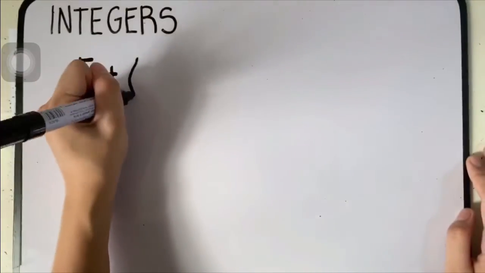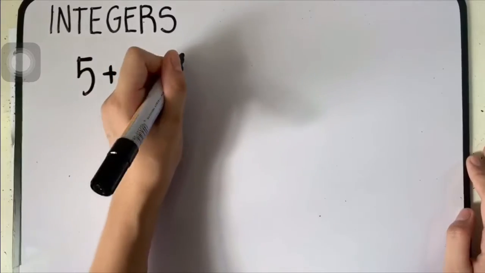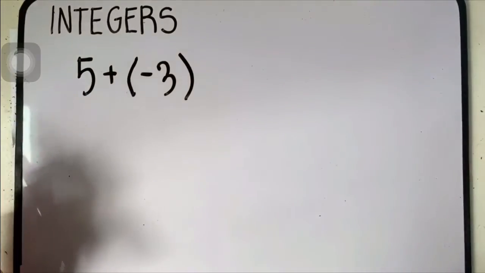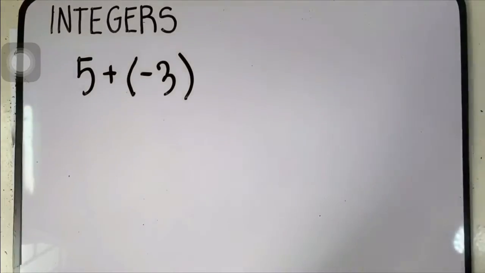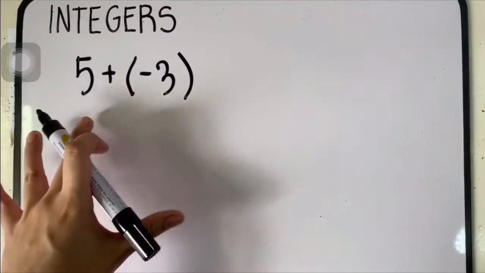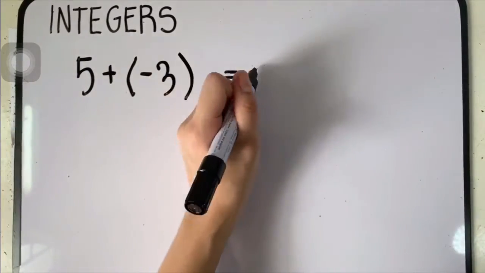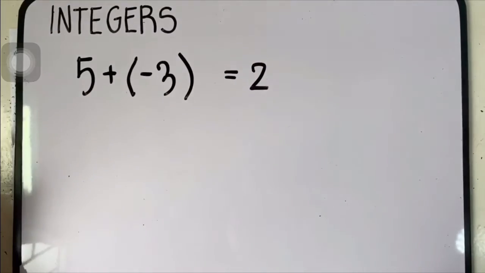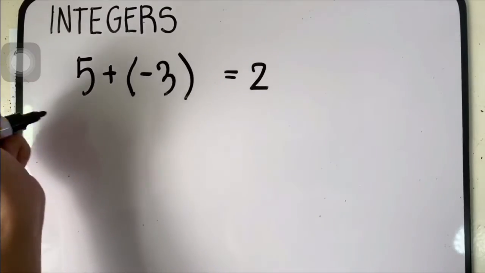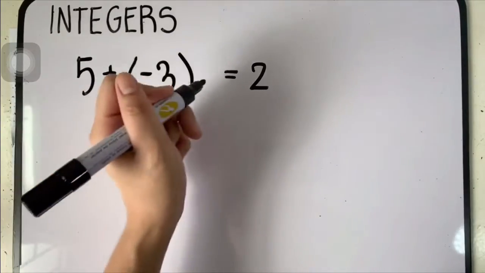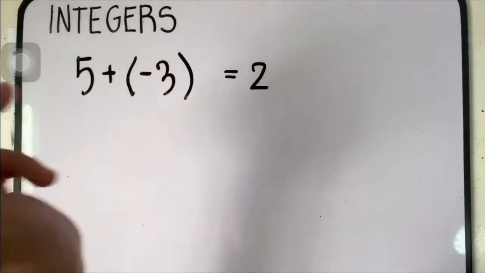For example, positive 5 plus negative 3. The numbers have different signs, so the first step is to subtract them. 5 minus 3 is equal to 2. Then we copy the sign of the bigger value. The bigger value is positive 5, so our answer will be positive 2.